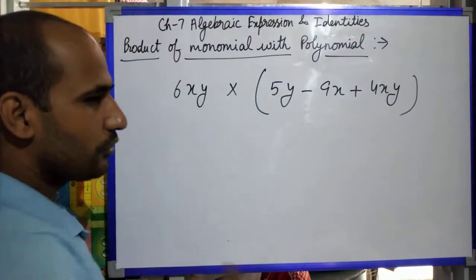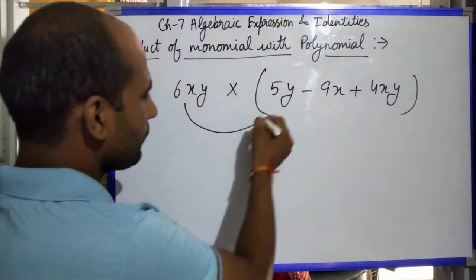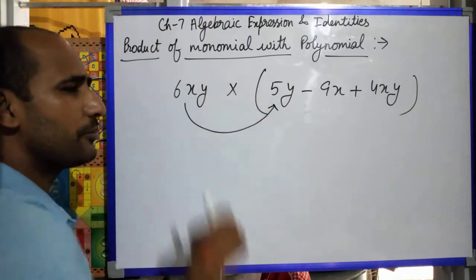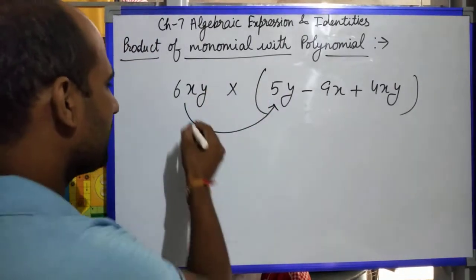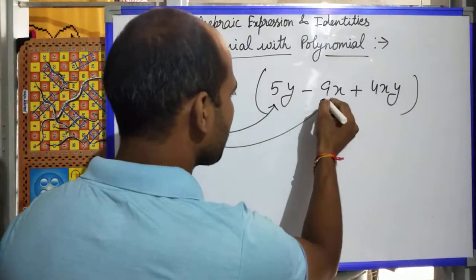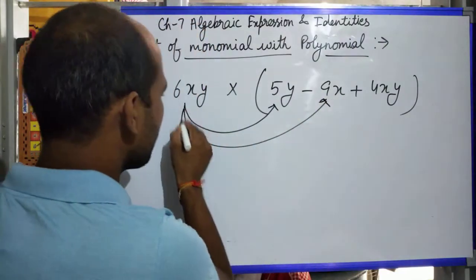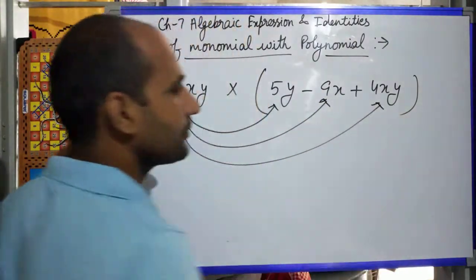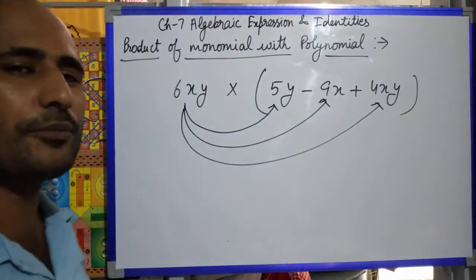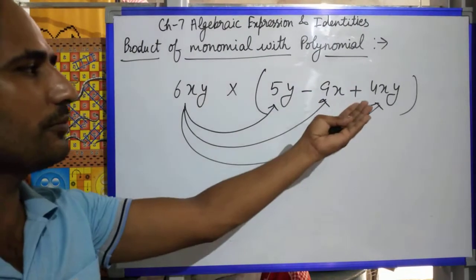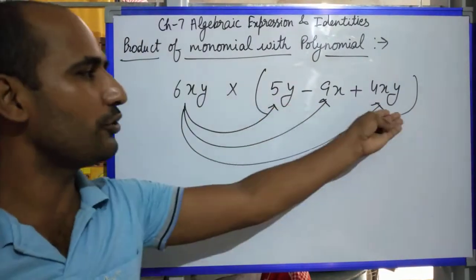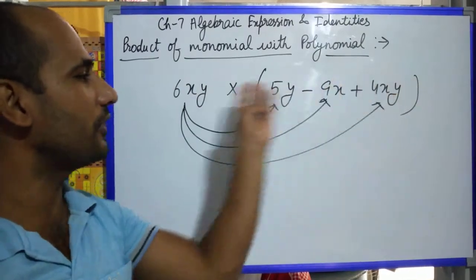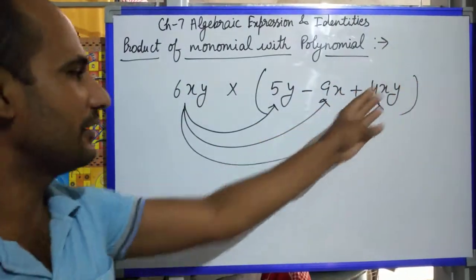First of all, the monomial gets multiplied with the first term, then with the second term, and then with the third term. The same process we will keep on repeating. If there are more terms in this polynomial, we still repeat the same concept.